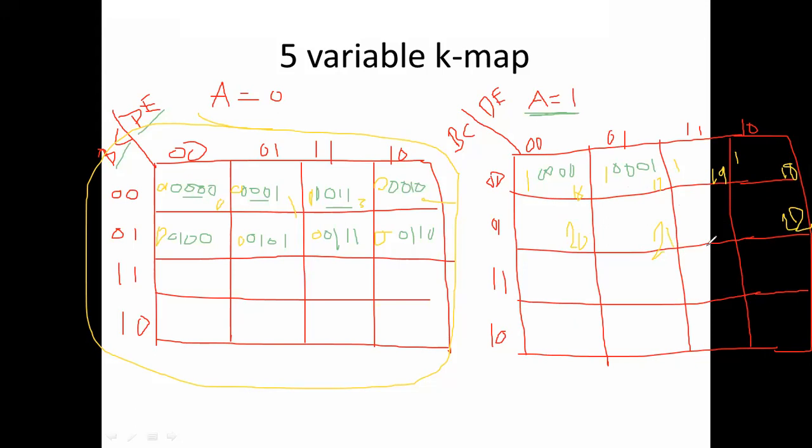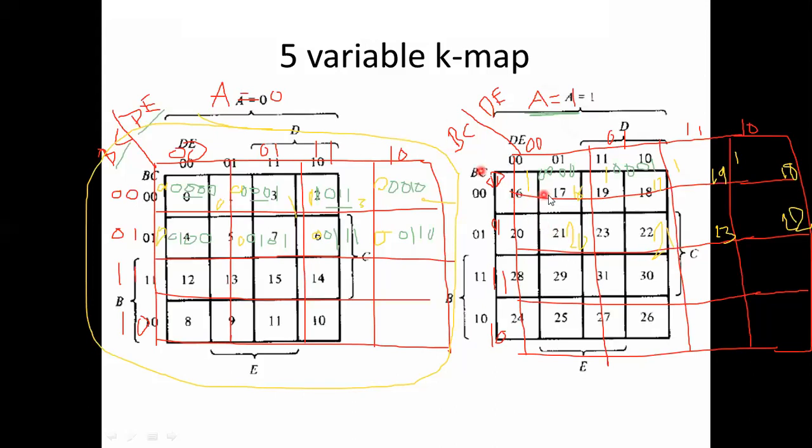Next, 23. Like this. See here 16, 17, 18, 19, 20, 21, 22, 23, 24, 25, 26, 27, 28, 29, 30, 31. Based on the combinations, we are getting these numbers.